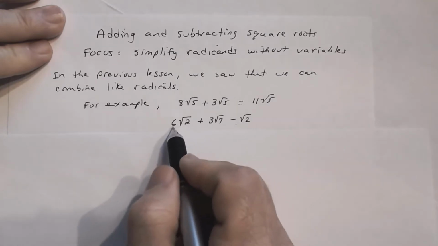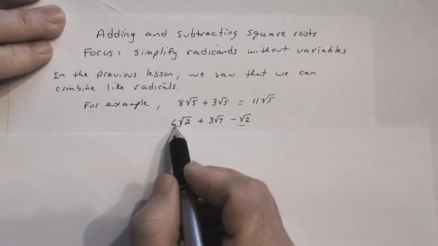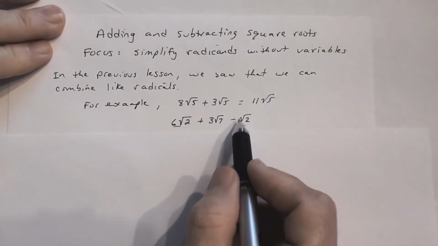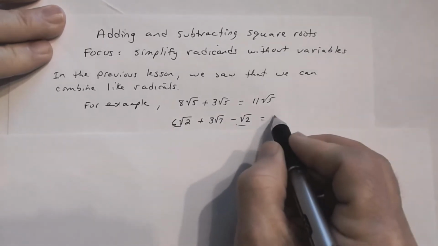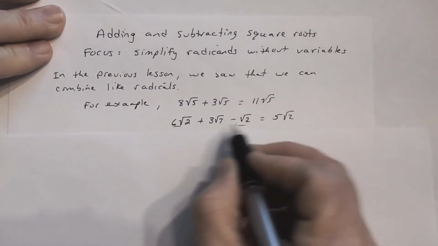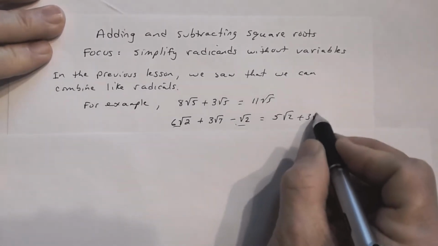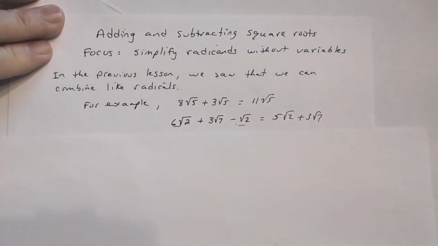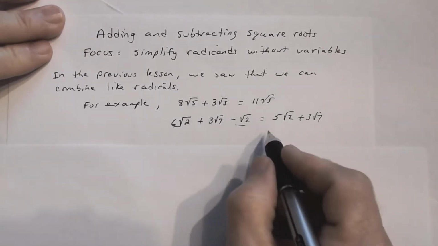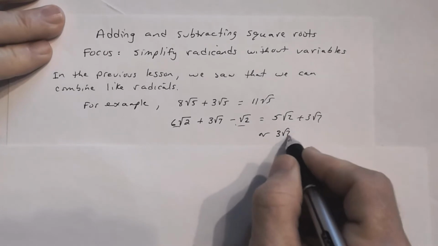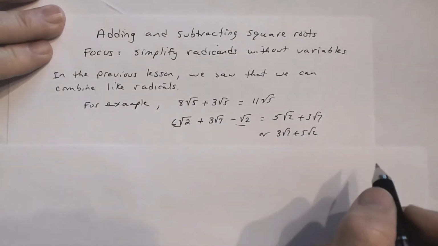So you can only combine these two. If I have 6 square root of 2 and I'm subtracting 1, remember that's understood to be a 1, subtracting 1 square root of 2, I am left with 5 square root of 2 and then plus 3 square root of 7. And again, addition is commutative, so if you want to rewrite this as 3 square root of 7 plus 5 square root of 2, that's fine as well.